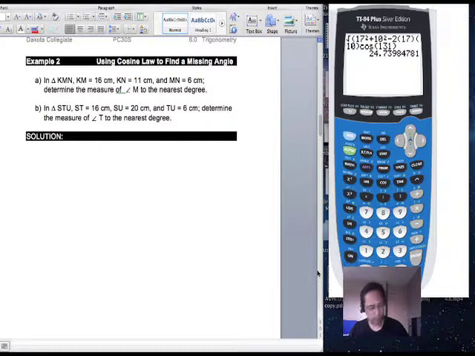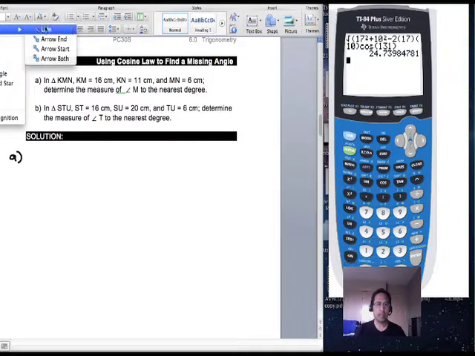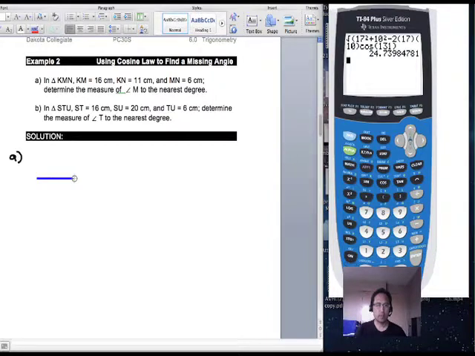Next up, let's use cosine law to find the angle for this one. Okay, in this one, you're just given a word problem, and you need to be able to draw these things out. So let's put A over here, and when I drew out this triangle, don't get too caught up on where K, M, and N go, right? Let's just draw out the triangle. It doesn't even have to be to scale. It's just meant to give you a reference point as to where all the different points go.